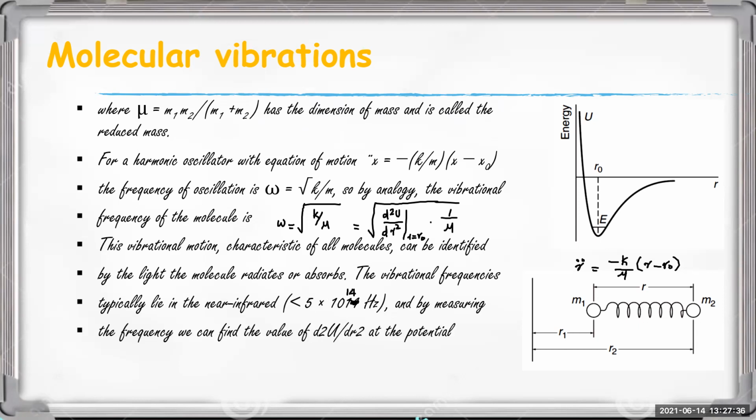So we can find the value of d square U divided by dr square at r is equal to r0.